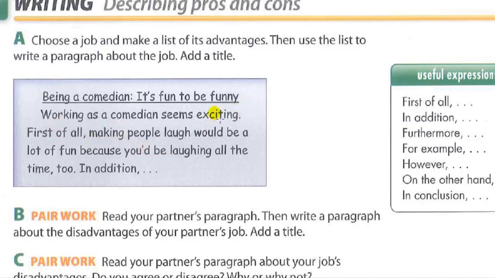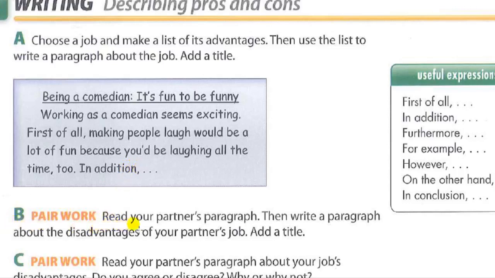You can use conjunctions, relative pronouns, and these expressions: first, then, next, after that, finally, first of all, in addition, furthermore, for example, however, on one hand, on the other hand, in conclusion, in brief. You can use all of these wonderful expressions to make your paragraph a professional piece of writing.